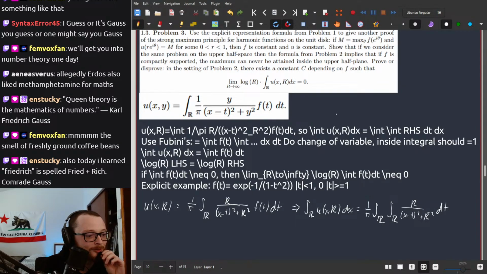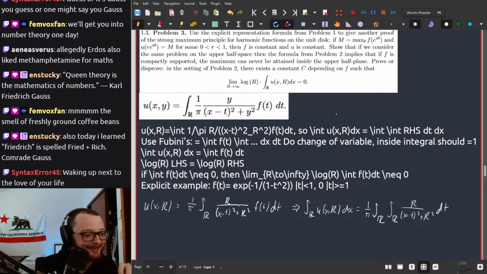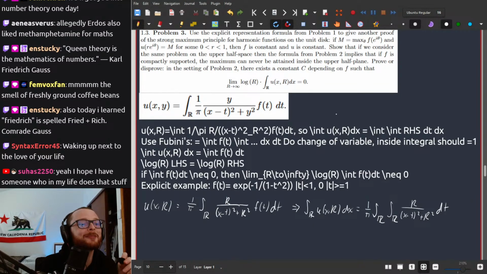Fried plus rich? Comrade Gauss? Wait. I'm missing something there. Oh, fried. Oh, eat the rich. I get it. Comrade Gauss. Waking up next to the love of your life? That'd be a nice feeling. Hopefully one day.